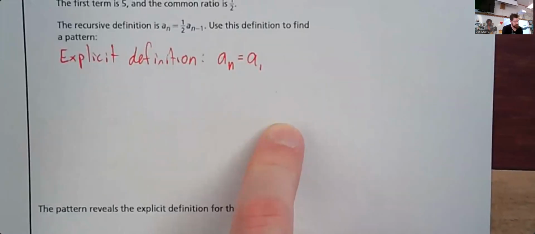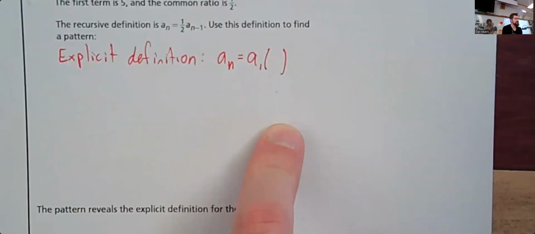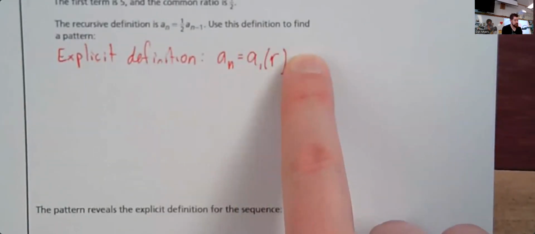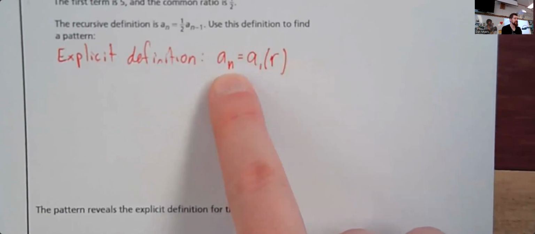A sub 1. And then what goes in the parentheses? R, yep, that's our growth factor. And then x minus 1, but our term number is called n here, so we'll use n instead. But yeah, that's it.